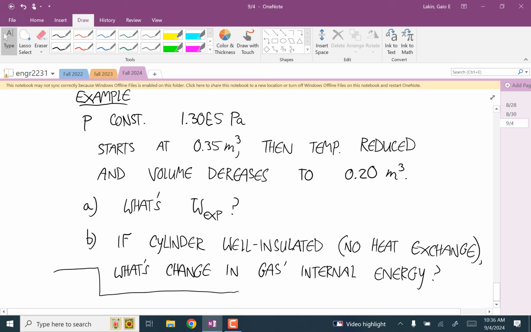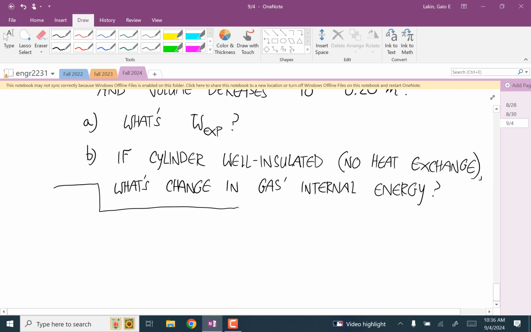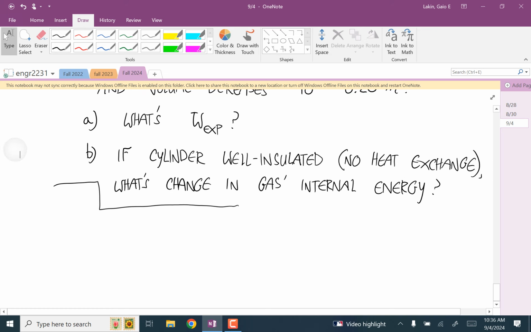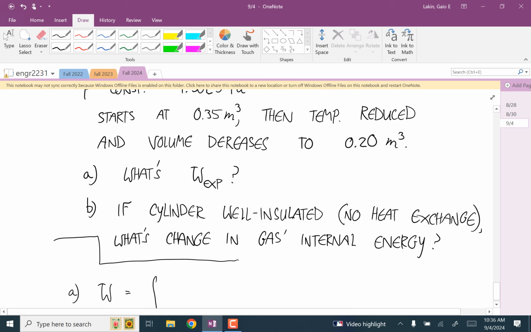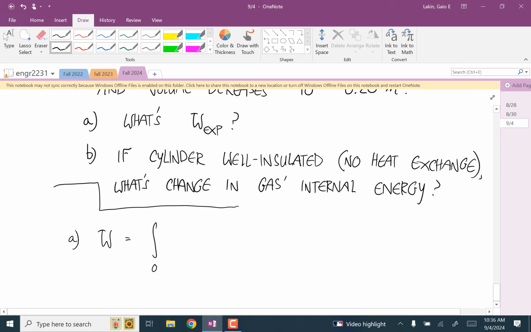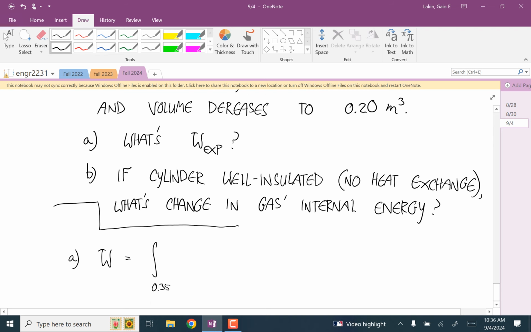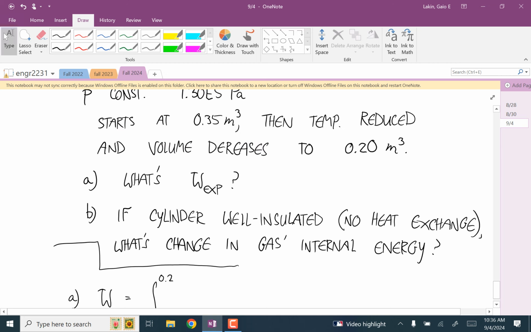So the first part, we're just computing this integral. We know that the work of expansion is equal to the integral from the starting volume to the ending volume. So we're starting at 0.35 and ending at 0.2 of the pressure times dV.